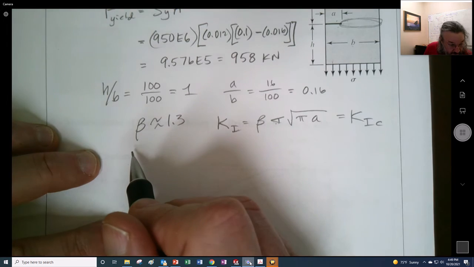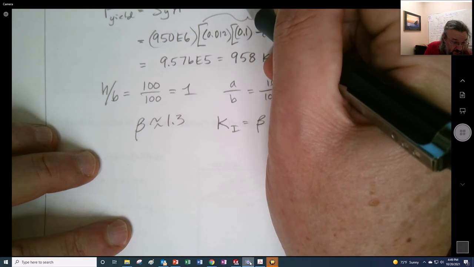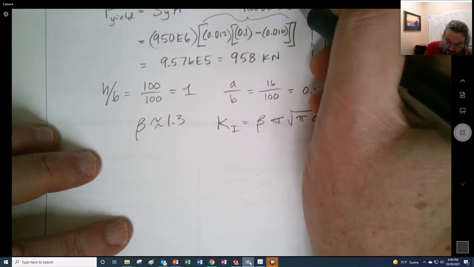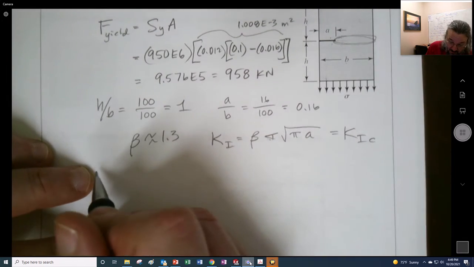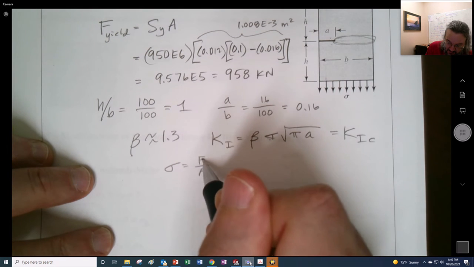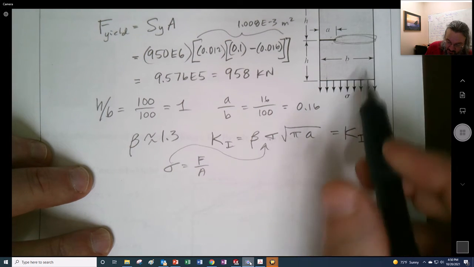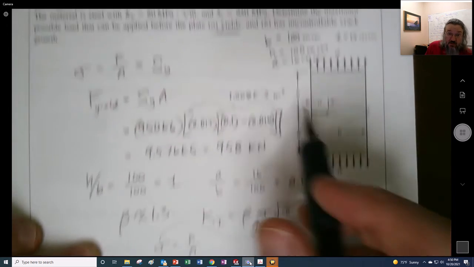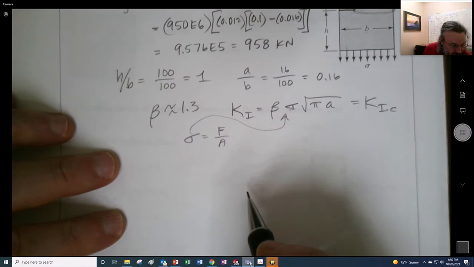And something I did before, I don't have enough room right here, but this right here is 1.008 e to the minus 3 meters squared. So that might be useful to us. And we know that the stress is going to be equal to F over A. So that's the stress that we're going to be plugging into the thing. So we set this to the critical one, which is 80. And you've got to be careful with our units.